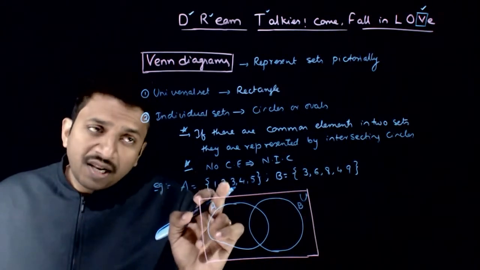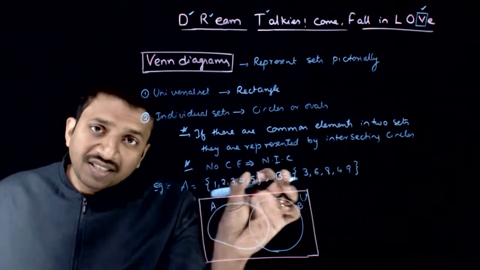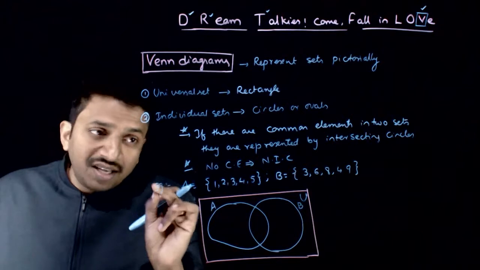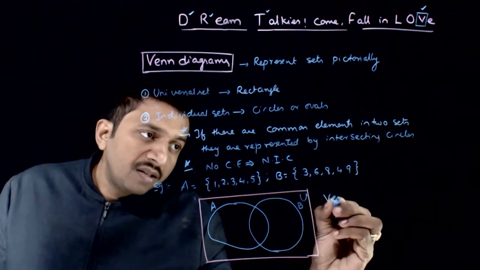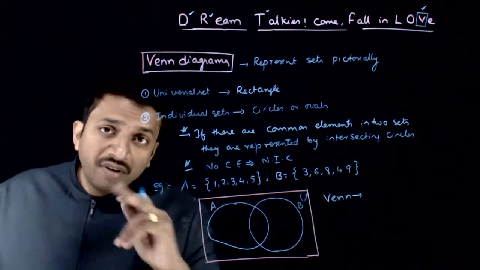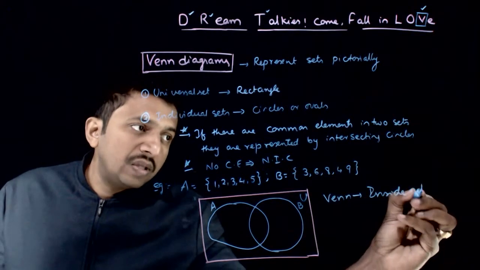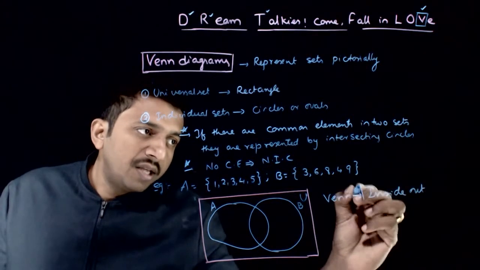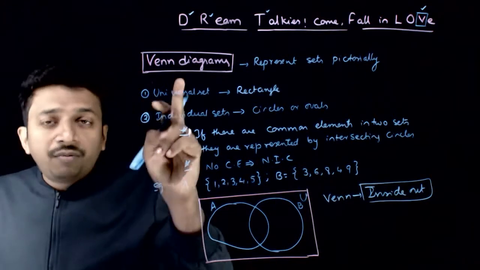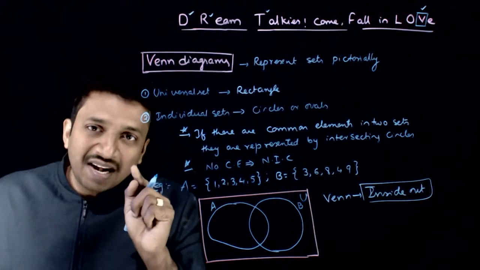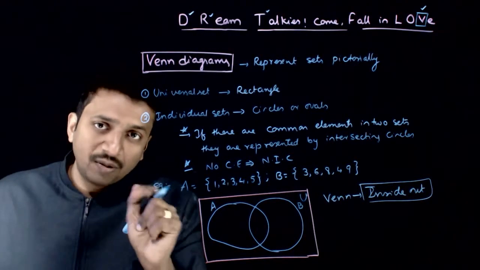Now I'll fill the elements of these sets in this diagram. As you can see, a Venn diagram has to be always filled inside out. This is something which you need to remember. In the topic of Venn diagram, you have the code word inside out.